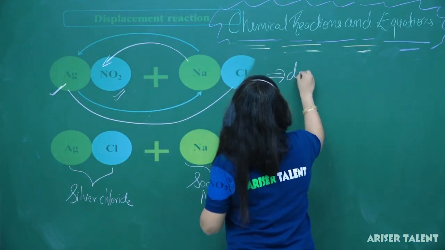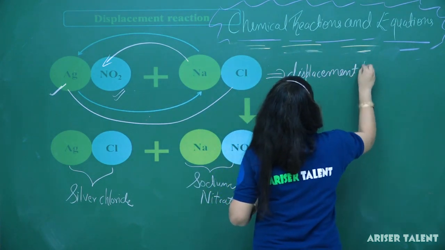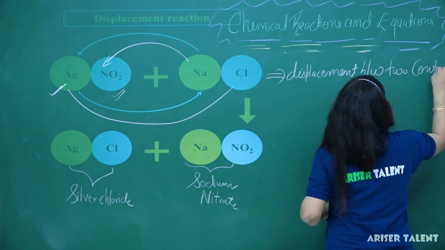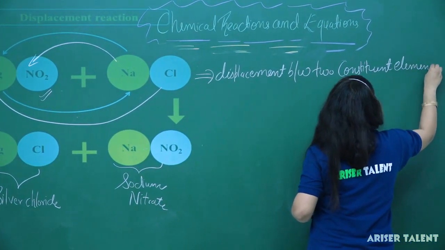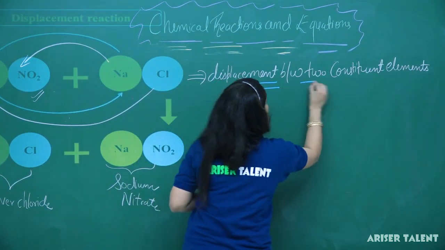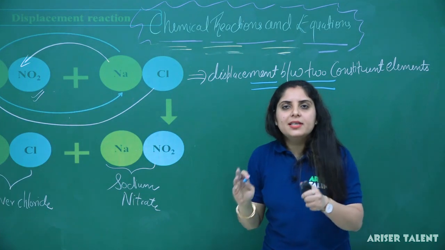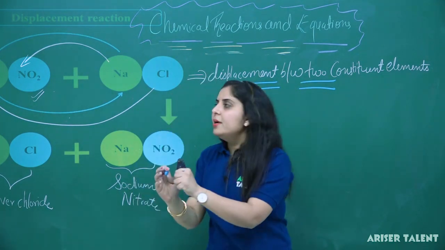We see a displacement between two constituent elements. If there is a displacement between two constituent elements, we categorize it as double displacement. We have two types of displacements, single displacement and double displacement.